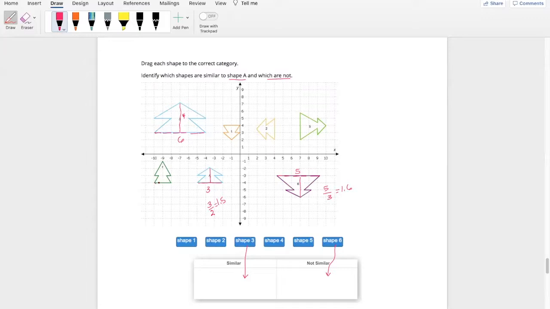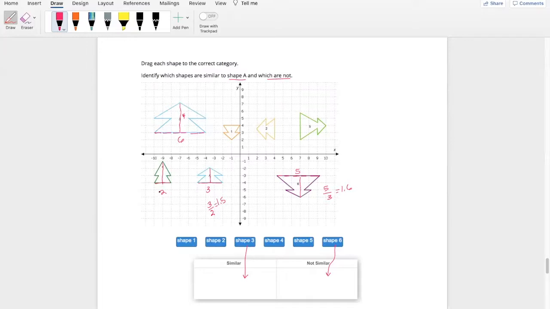Same with 4. This side is 2, and then 1, 2, 3. So it got kind of squished together, but taller. And so we can tell, just doesn't quite look like the same shape. Let's see here.